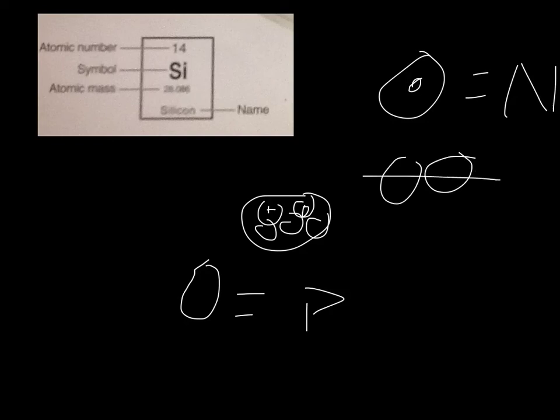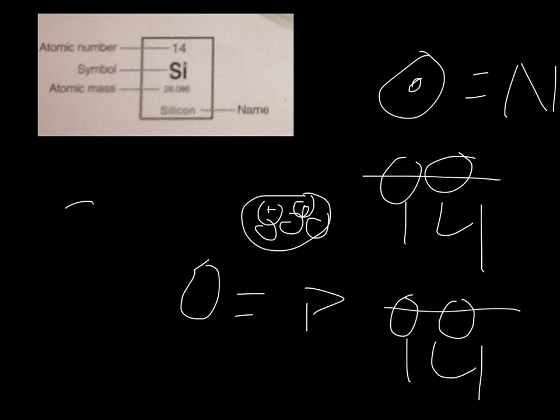Let's just count that as 14. And so, in turn, we have 14 neutrons to equal 28. With 28, that is our weight.